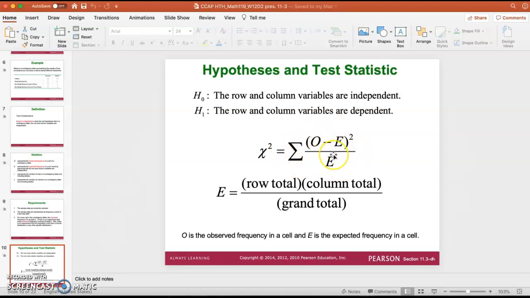Then we get our chi-square test statistic. What's different this time is that to get our expected values, we take the row total times the column total for whichever spot we're in, then divide it by the grand total, which I'll show in a little bit.